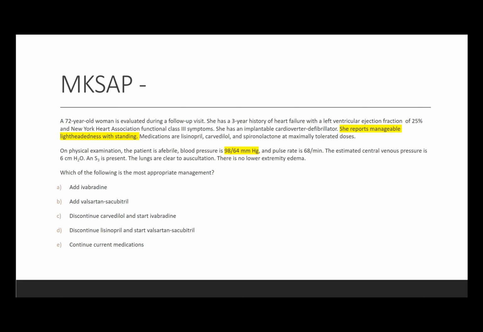Okay, thank you. Sorry, while we're just on this question, I think Darren had mentioned the ivabradine regarding the heart rate. When would you add that? Because I know it's typically used for continued symptoms. So if this patient's heart rate was at the appropriate level, could you also add that in addition to the valsartan?